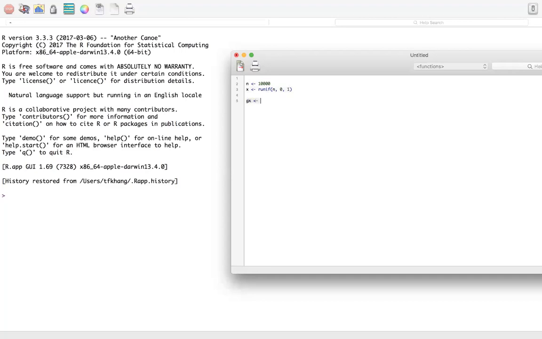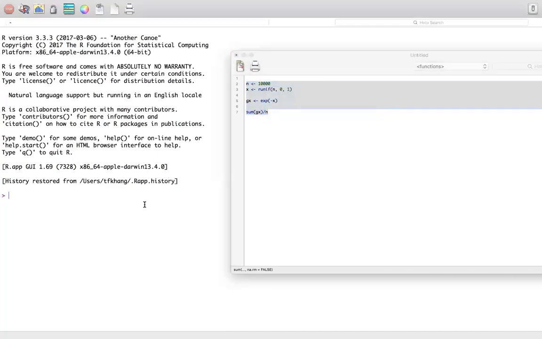In this case, our g of x is exp minus x, so we sum g of x over n. You can try to run this. 0.63 something. The answer is 1 minus exp minus 1, which is about the same.